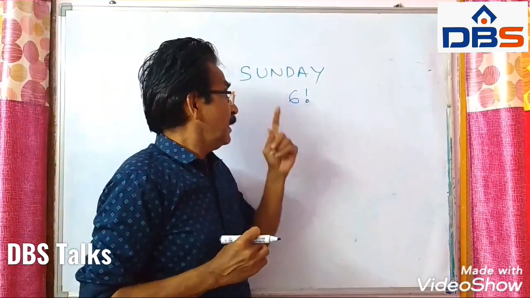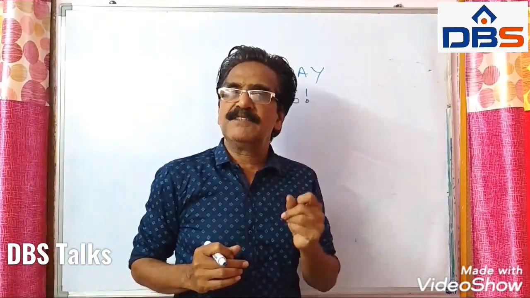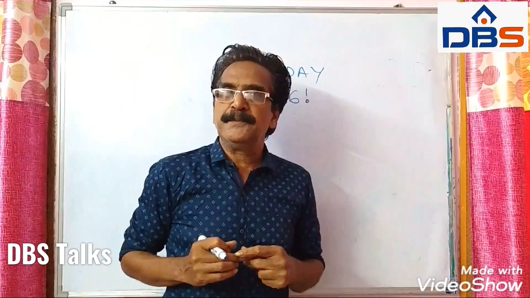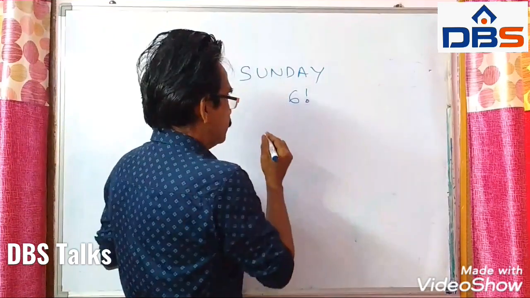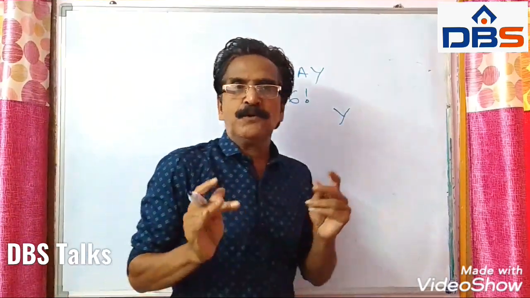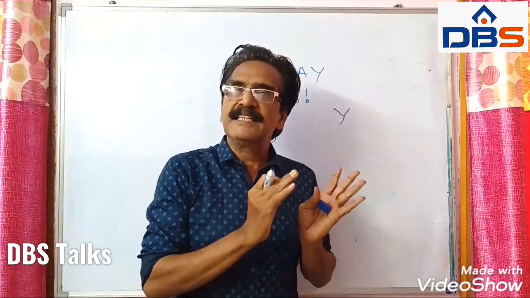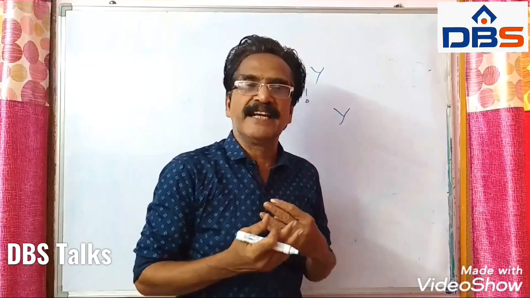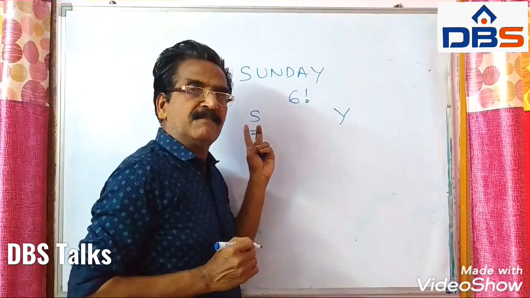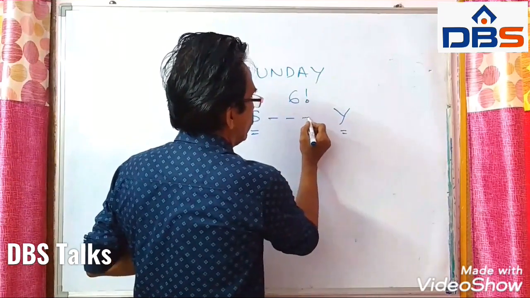Right? And the same question: in how many ways can the letters of the word Sunday be rearranged such that each permutation, that is each arrangement, should begin with S and end with Y. So we don't want all permutations, we want those that begin with S and end with Y. So let us fix these two places, first place with S and last place with Y. In between we have 4 gaps.